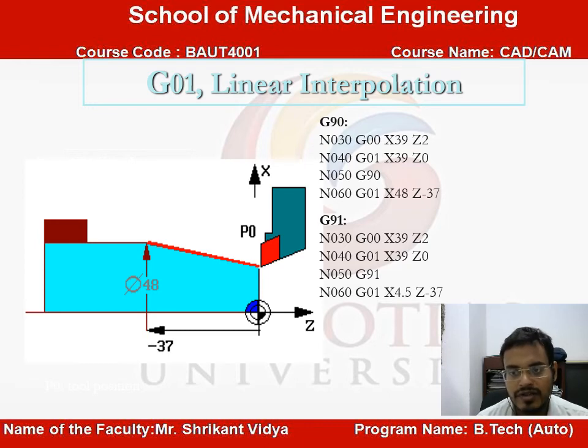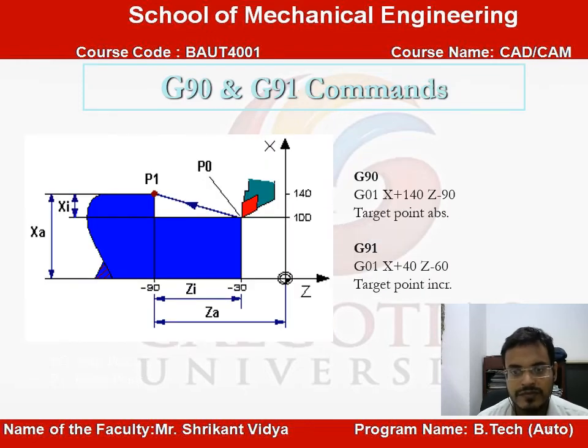Similarly for G91, the same way G01 can be used. G90 is absolute, with respect to the origin, and G91 is with respect to the previous point. These are the basic commands which can be used here.